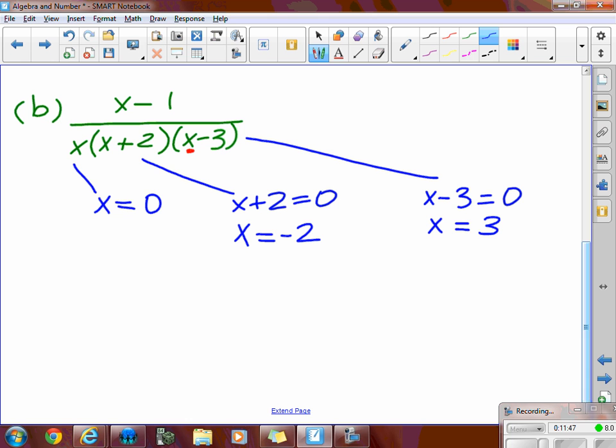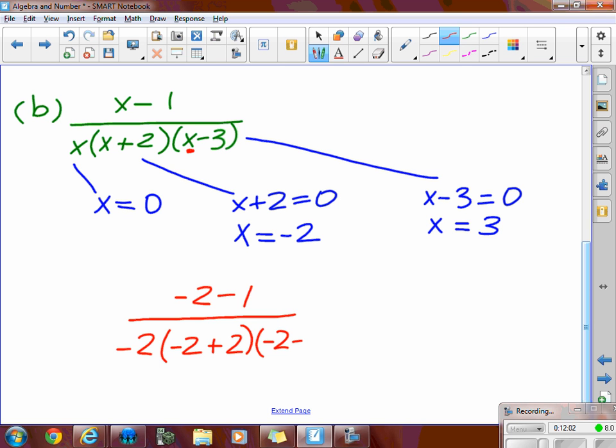Is that right? If I put a negative 2 in the bottom of this, let's just take a look. So here's this. If I put a negative 2 anywhere, I guess. So I'm saying negative 2 minus 1 on the top. Then I'd have negative 2 plus 2, negative 2 minus 3. So if I look at it, the top becomes negative 3.